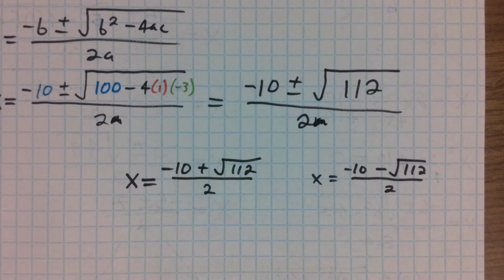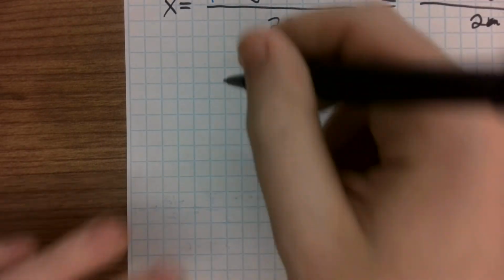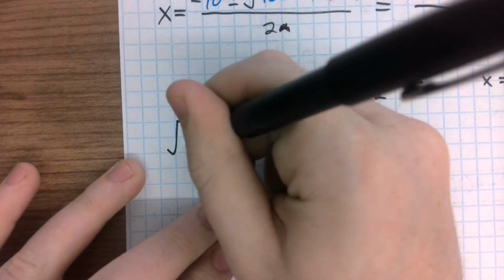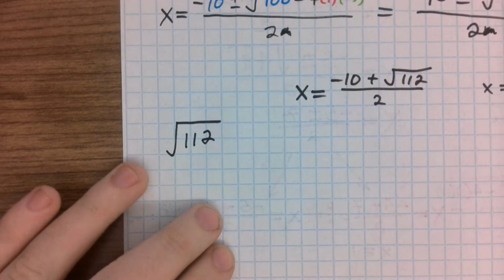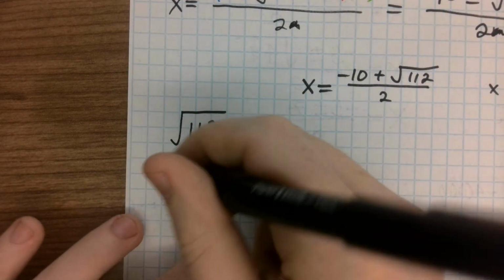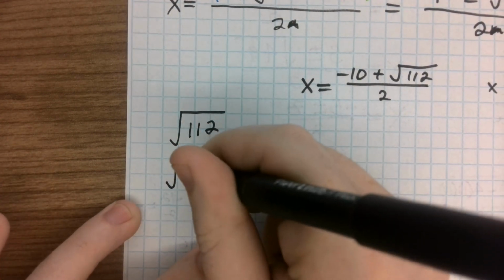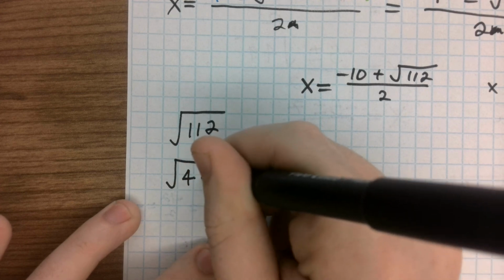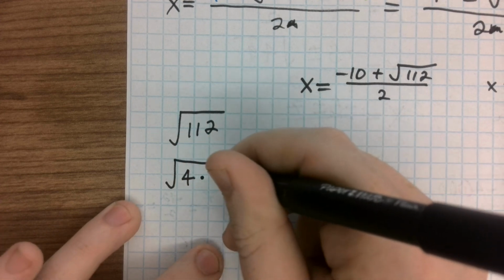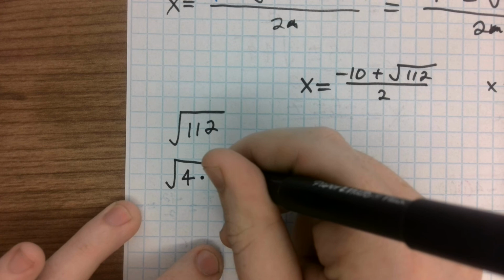Now, we haven't learned methods of simplifying square roots. However, if you know the secrets of simplifying square roots, you might know, for instance, that square root of 112 is just the square root of 4 times 28. Is that right?